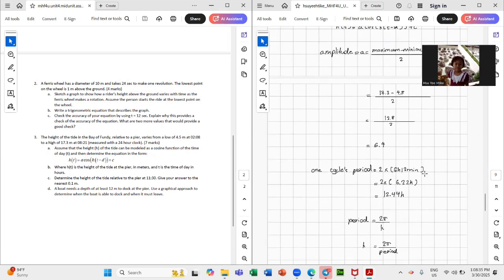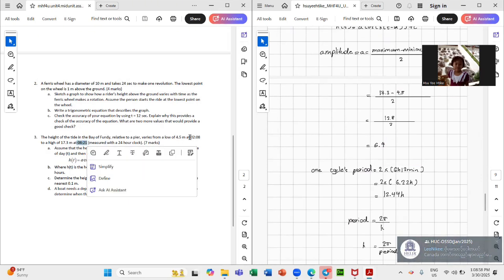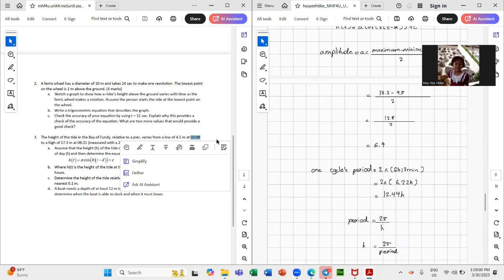For one cycle period, we have to multiply 6 hours 30 minutes by 2, because the half cycle period is the difference between 0821 and 0208.